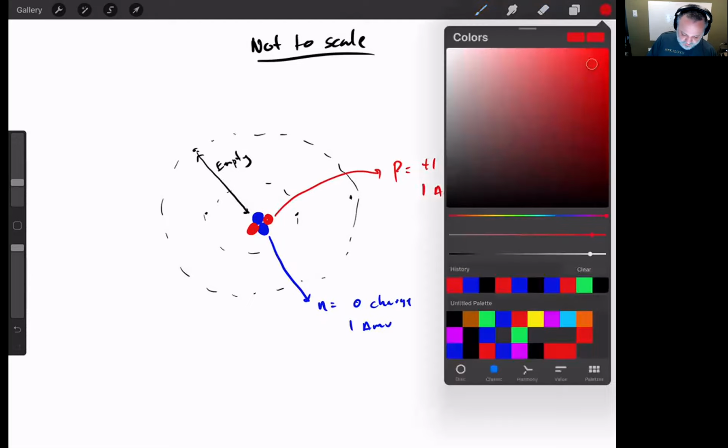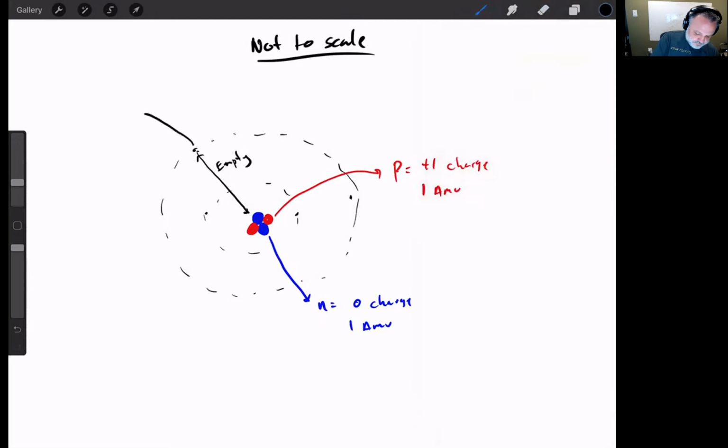We talked about electrons as well. Electrons have a -1 charge, and to 1 significant figure, their mass is 0 AMU. And so all of the mass of an atom is centered in its nucleus.